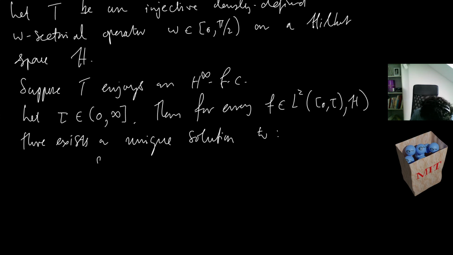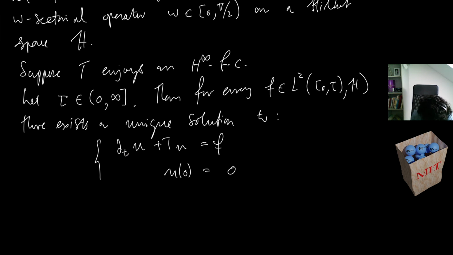So this is a Banach valued Cauchy problem, inhomogeneous Cauchy problem. ∂_t u plus Tu is equal to f and u(0) is equal to 0. So the first thing holds almost everywhere t in the interval 0 to tau.